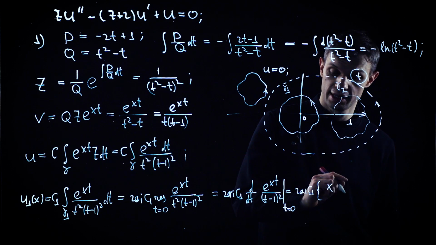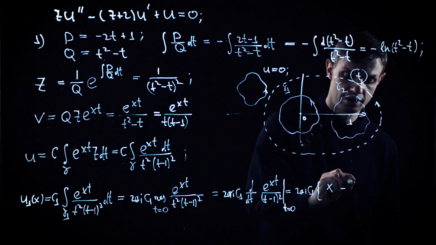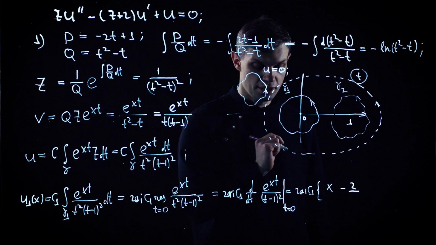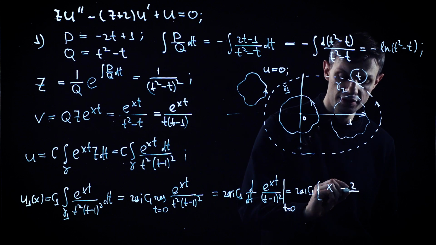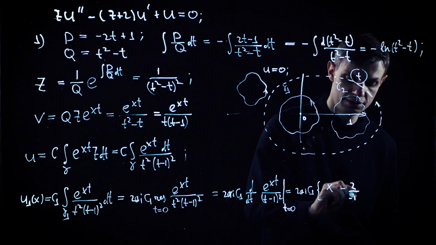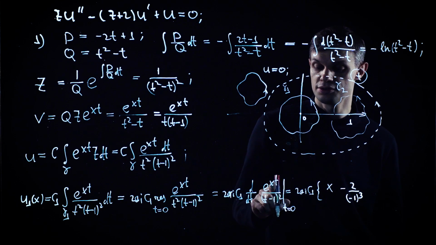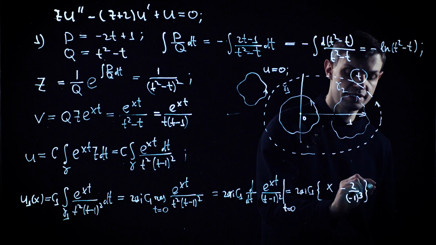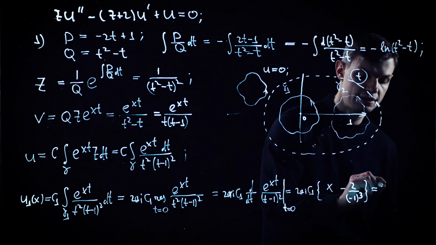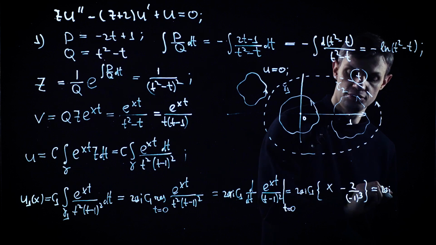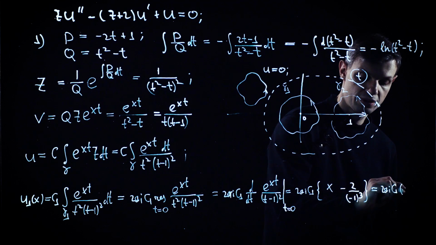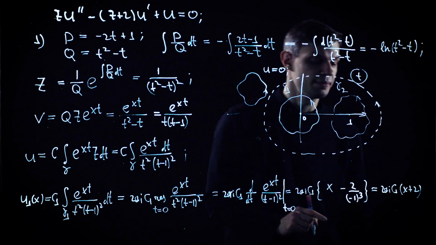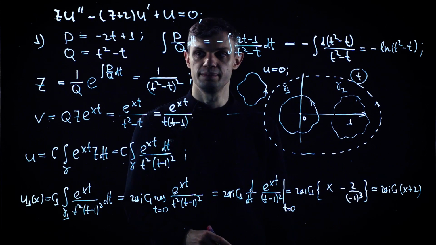So it's just x minus 2 over (t minus 1) cubed, which simply gives you (-1) cubed. And then times e to xt at t equal to 0. So this is the first solution of your equation. So it's simply x plus 2. Okay, let me check.